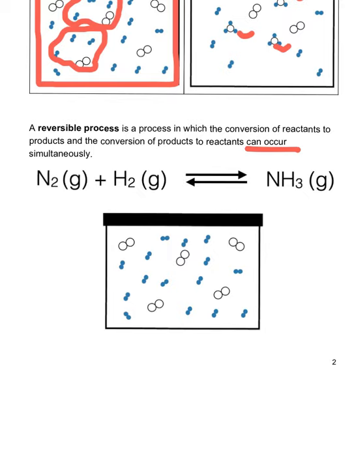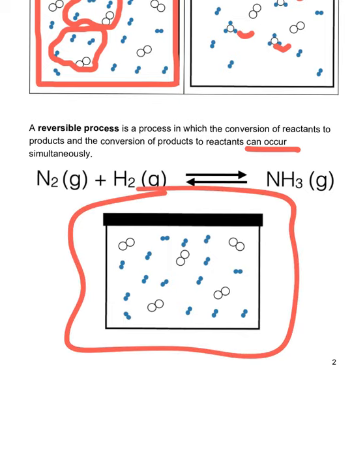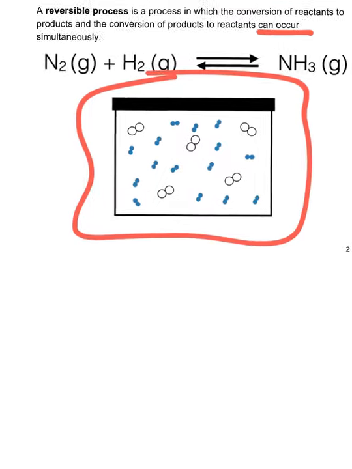We were first introduced to that in the weak acids of the acids and bases chapter, and we also saw that in our day 1 video where we were looking at liquid water forming gaseous water, and when done so in a sealed container, the gaseous water could become liquid again. So it's the same thing here, it's just for a chemical process. So we're going to do the same reaction above, but we're going to do it in a sealed container.